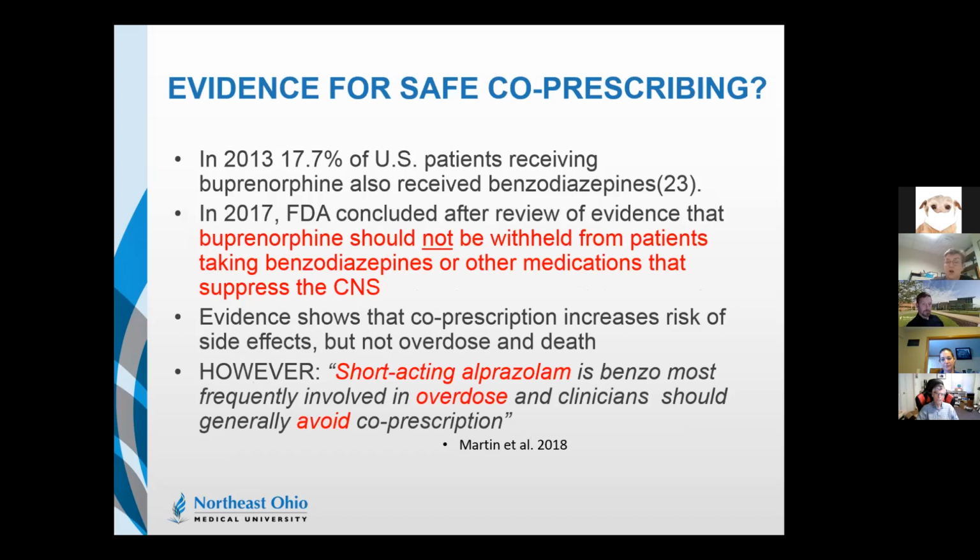In 2013, almost 1 out of 5 patients receiving buprenorphine also had a benzodiazepine, and looking at those patients allowed us to say that it's not a situation where the hazards outweigh the benefits. Co-prescription increases risk of side effects again, but not overdose and death. However, short-acting alprazolam, that Xanax, is the benzodiazepine most frequently involved in an overdose, and we should avoid that co-prescription.